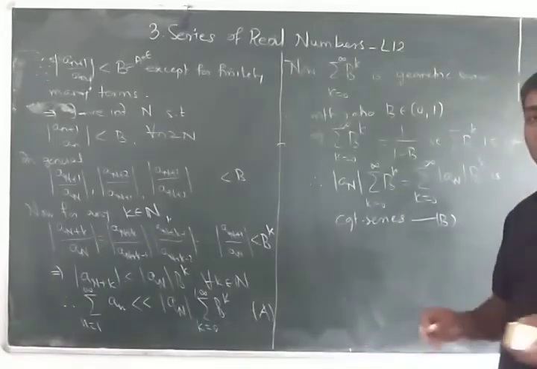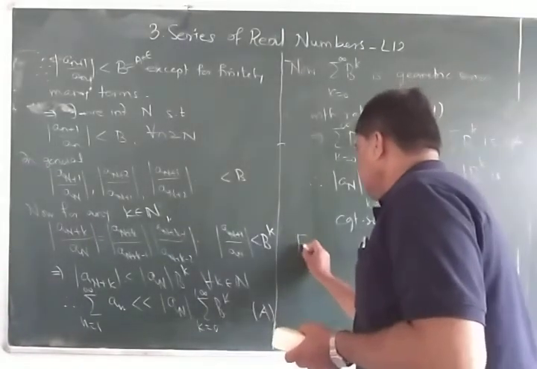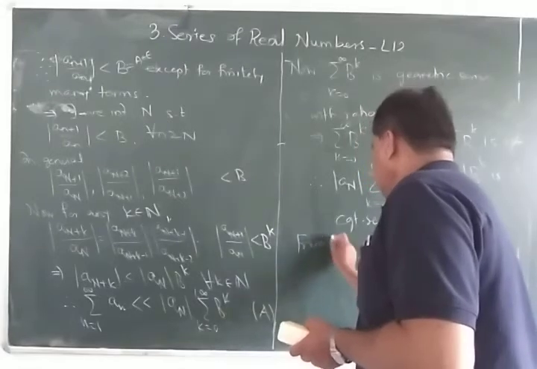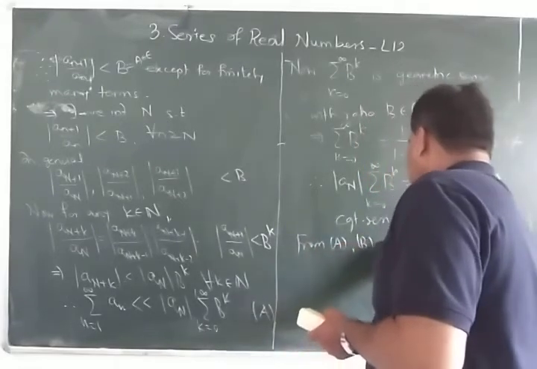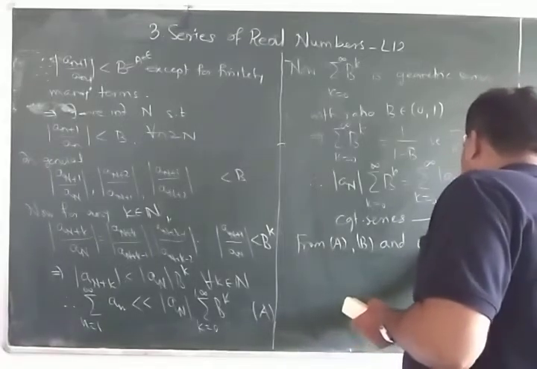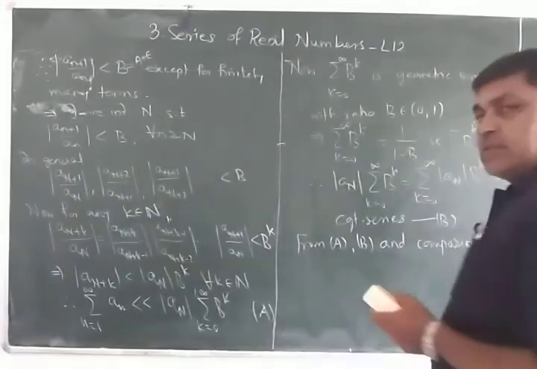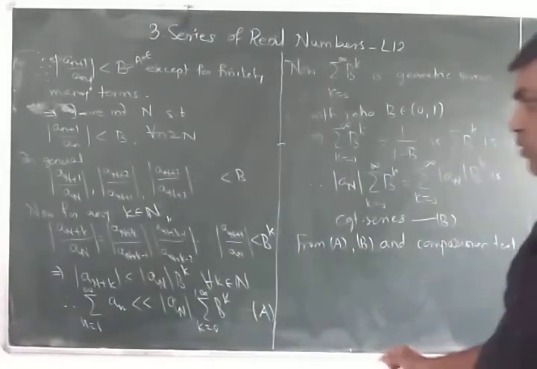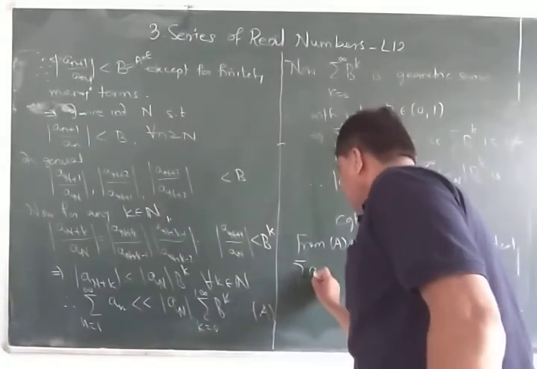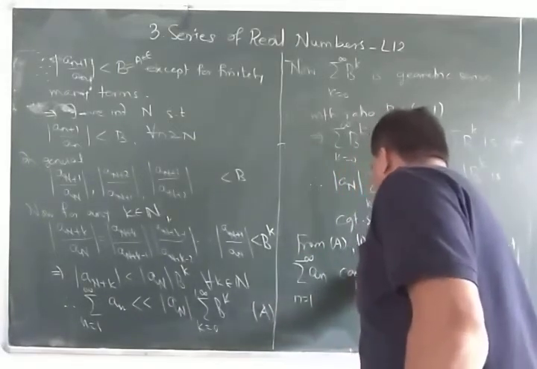From this and the comparison test, summation of a_n, n equal to 1 to infinity, converges absolutely.